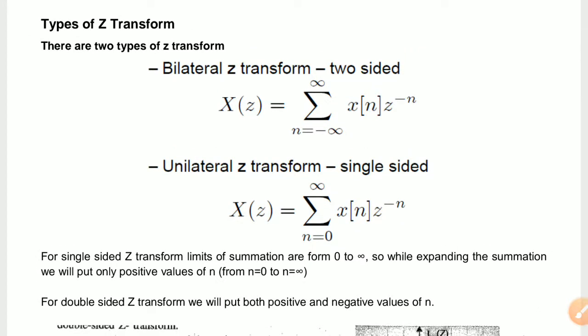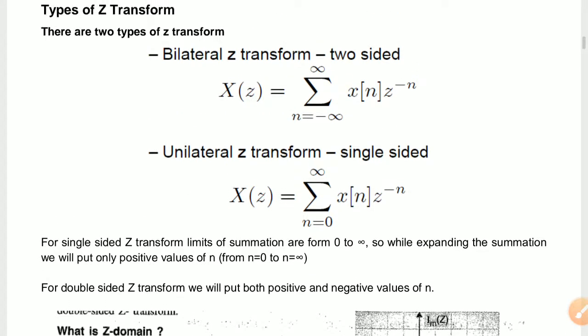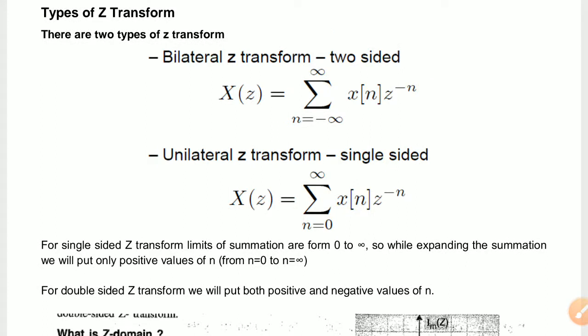It can also be cleared by this description: for the single-sided Z transform, the limits of summation are from 0 to infinity, so while expanding the summation we put only positive values of n, that is, n equal to 0 to n equal to infinity. For the double-sided Z transform, we put both positive and negative values of n. These things will be clear when we solve examples of this Z transform.